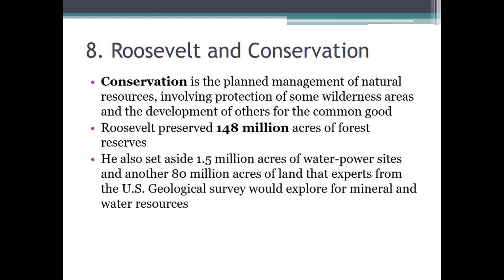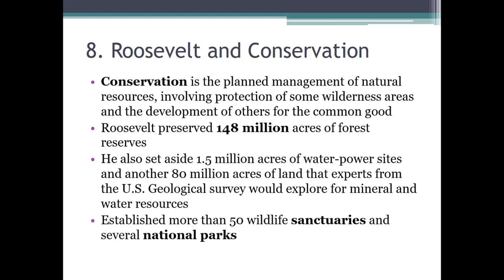As a hunter and an outdoorsman, he believed the environment should be protected. Conservation means some natural resources will be saved, will be protected. Some wilderness areas will never be developed, and then other things he did believe could be developed for the common good. But during his time as president, he made sure 148 million acres of forest were preserved.